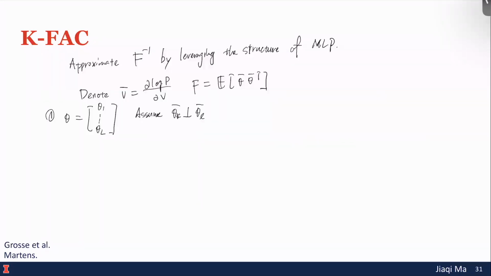By assuming that they are independent, for all K and L that are different, F will have a block structure, F_1 to F_L.